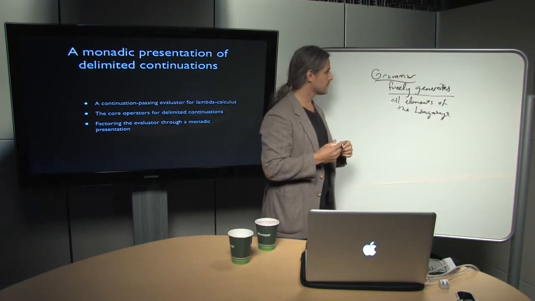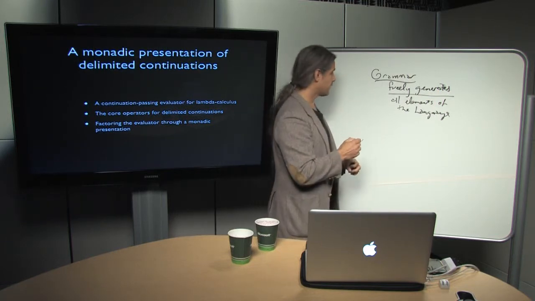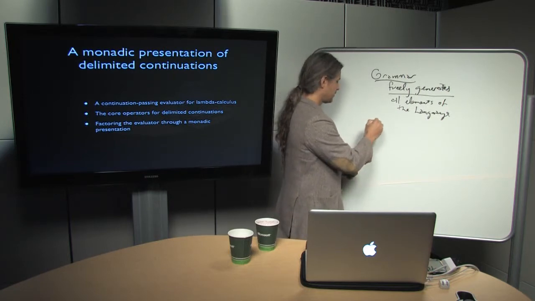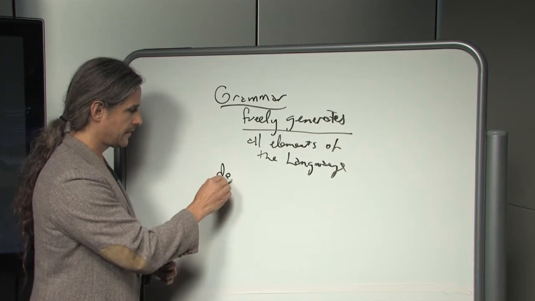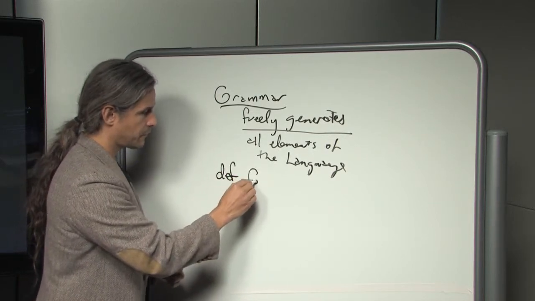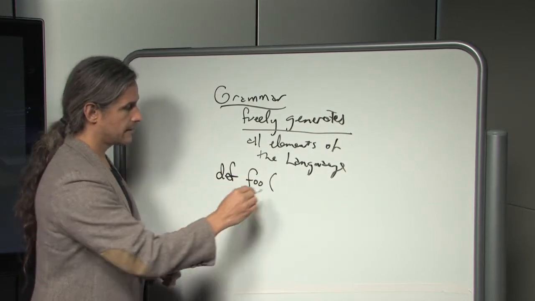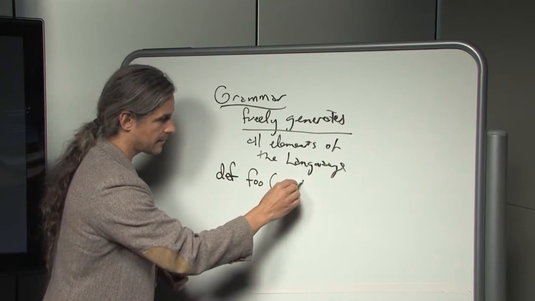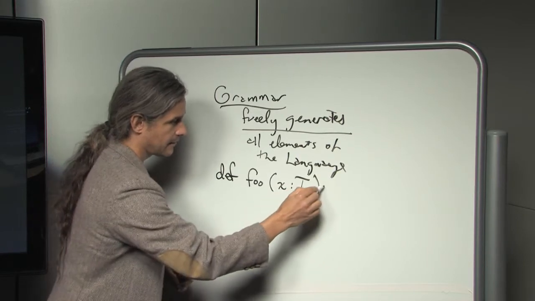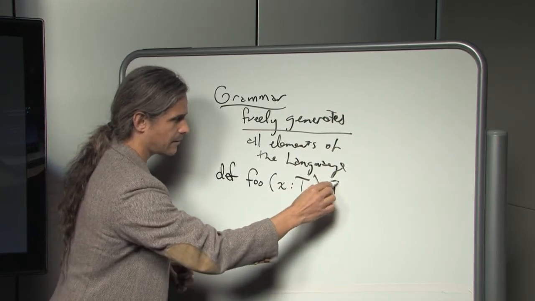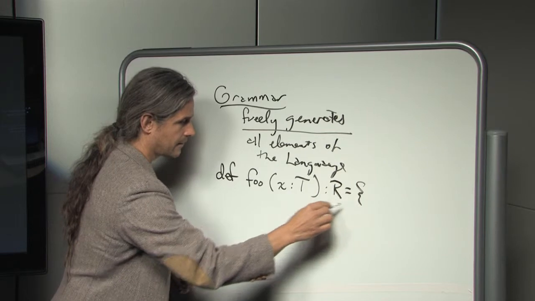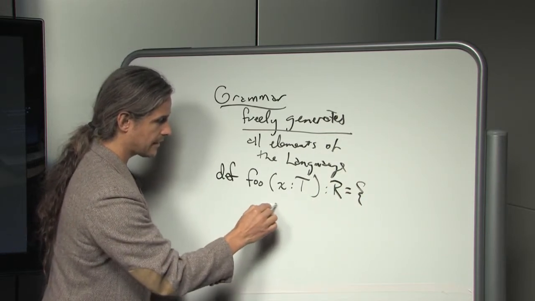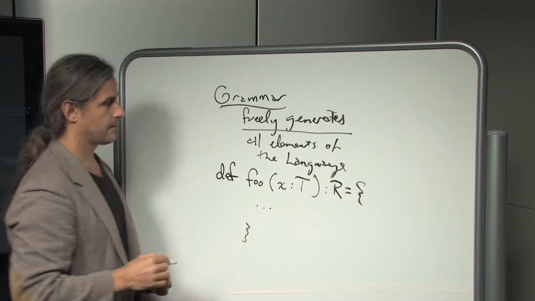Well, suppose I have def foo, and it takes an argument x of type t, returning type r, blah, blah, blah. And there's some expressions in x in here.